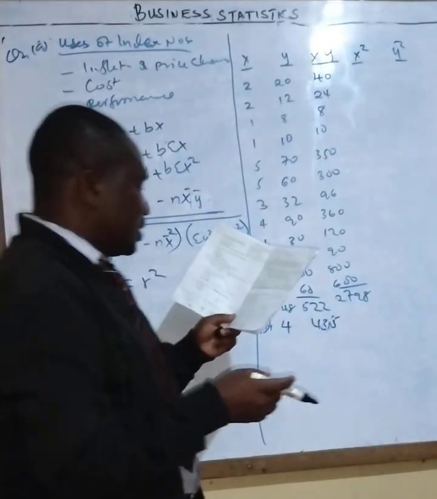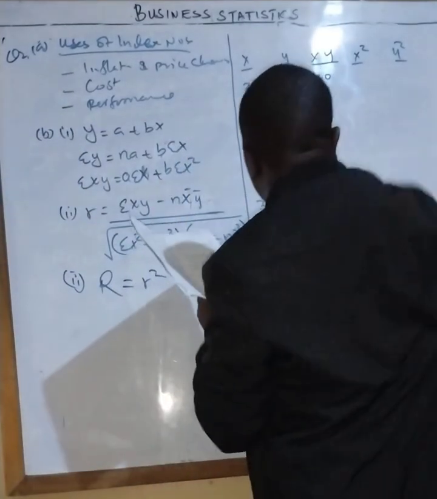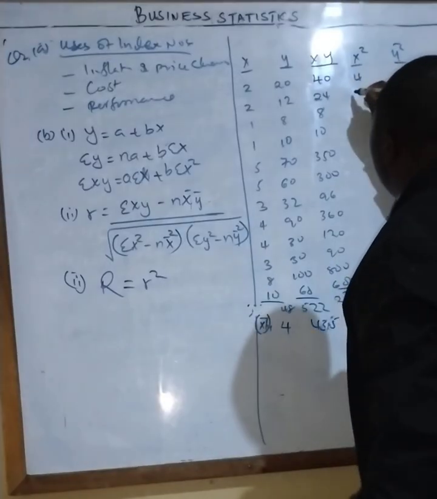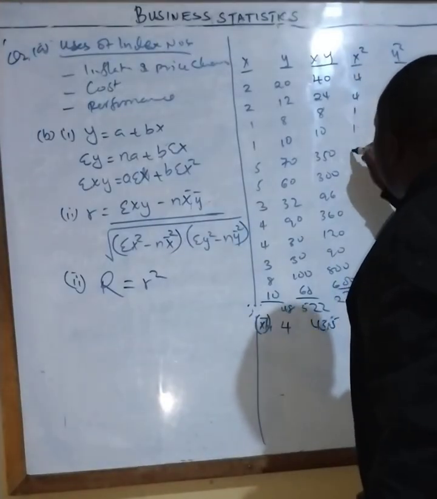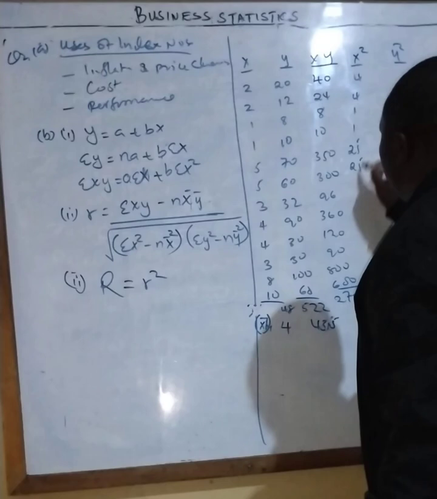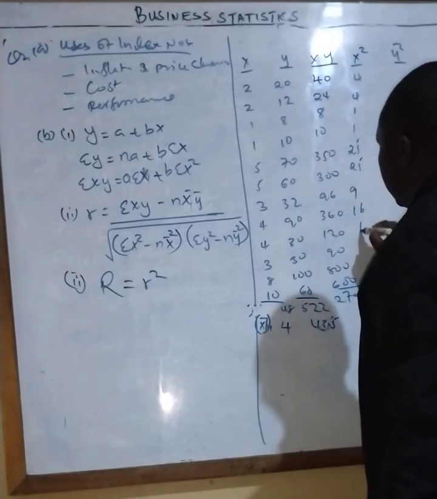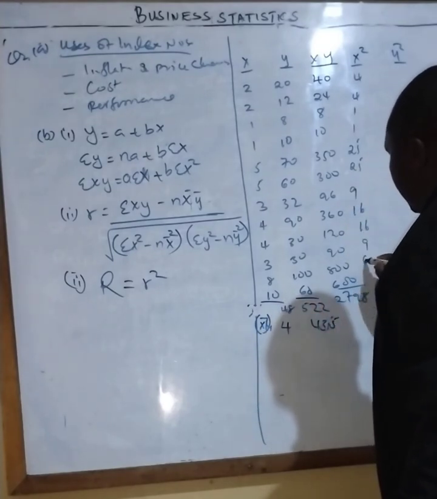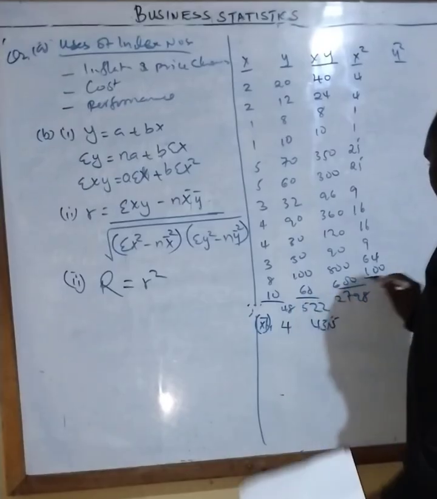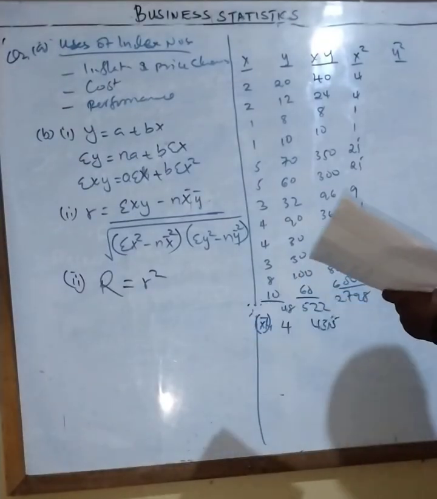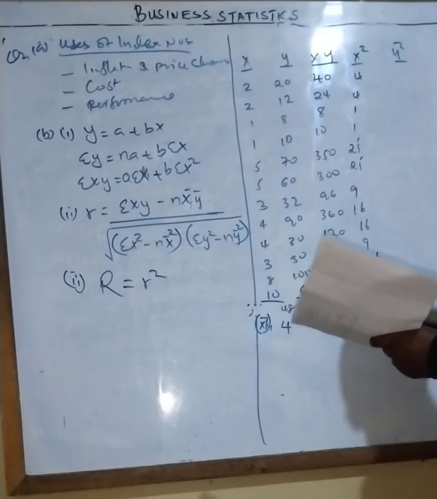Now X square, class, which means you are squaring this, you will get 4, 4, 1, 1, 25, 25, 9, 16, 16, 9, 64, and finally 100. If you add that, class, your answer is 274.